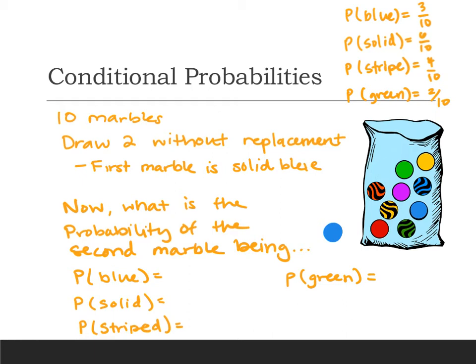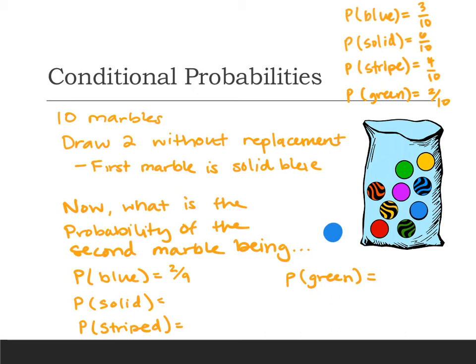Some of these, well, all of these will change if I keep that blue marble out, because there are no longer 10 marbles in the bag. That's the biggest change that will always happen if you take that marble out, leave it without replacing it, and then draw another one. So all of these 4 are going to be out of 9, because there are 9 marbles left. As far as the blues, there were 3 blues, but now there are only 2, so my probability changes to 2 out of 9.